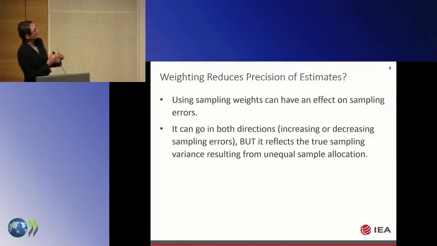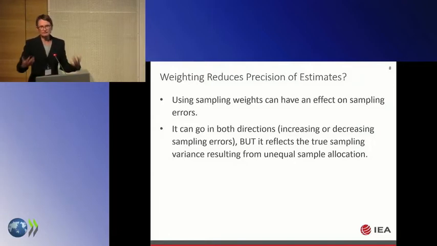Now, what we all know is once you use the weights, yes, they can have an effect on the standard errors, basically on the sampling errors. The effect can go into both directions. However, what is reflected here is the true sampling variance that is induced by using, for example, a stratified design.